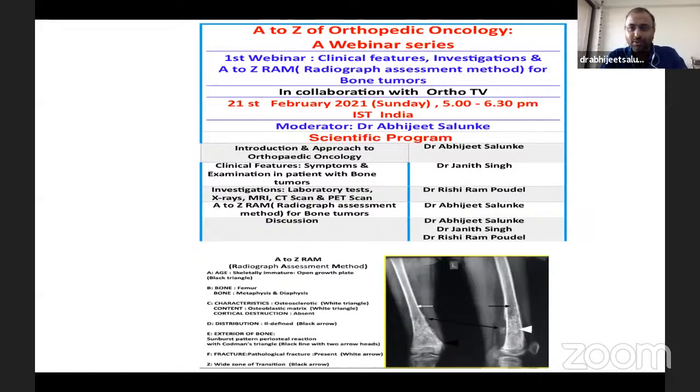We'll have Dr. Rishi introduce this topic. Next will be A to Z RAM, that is the radiographic assessment method for bone tumors, which will be discussed by me. After these three topics, we'll have a discussion with all the faculties. So we would like to start the program, and Dr. Janith Singh will be starting his lecture on clinical features and symptoms in patients with bone tumors. Dr. Janith, you can share your screen and start your presentation.